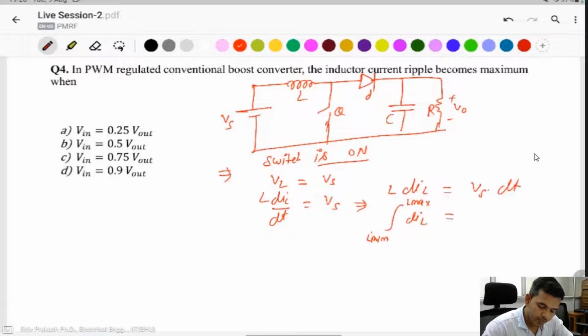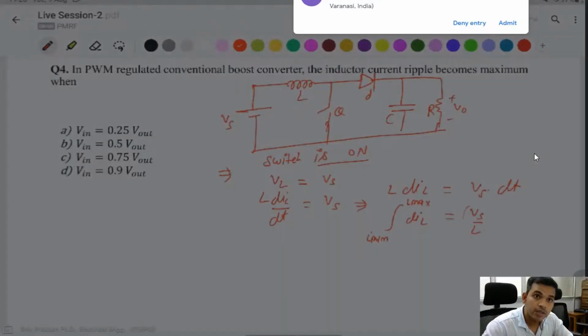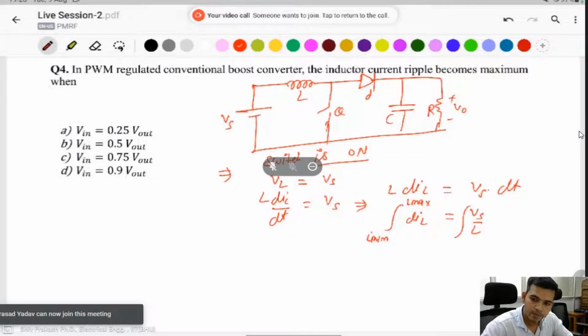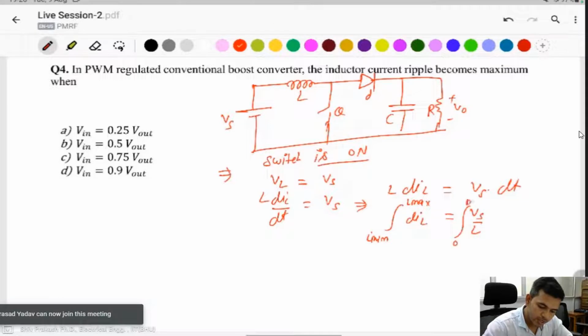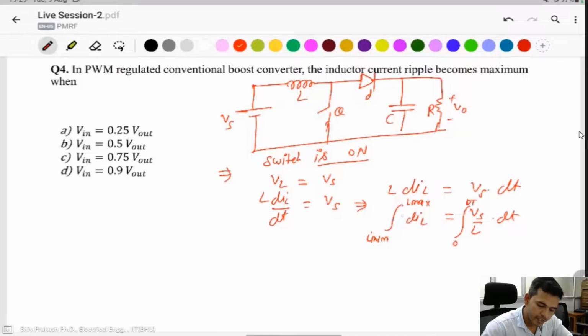Delta IL is equal to Vs by L, integrate from 0 to dT. Then you find IL max minus IL min is equal to delta IL. Delta IL is equal to Vs into dT divided by L.